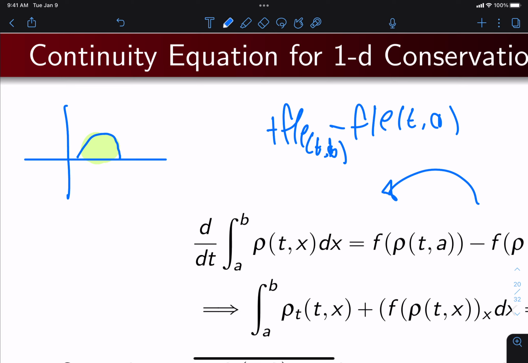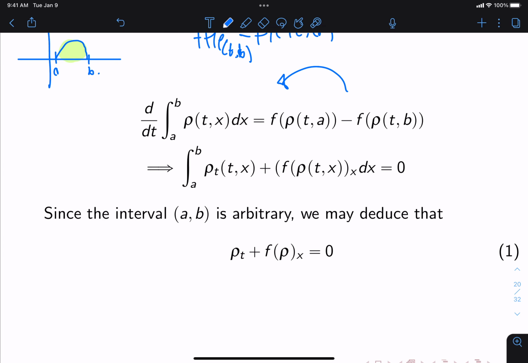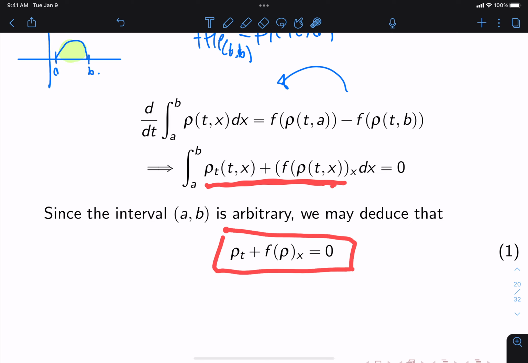If the area under the curve is 0, and moreover the endpoints A and B are arbitrary, then what can we deduce? We can deduce that this integral is 0 for every single interval that we choose, which means that the integrand itself must be 0, which is how we obtain the differential equation seen below, which says rho_t plus f of rho_x equals 0.